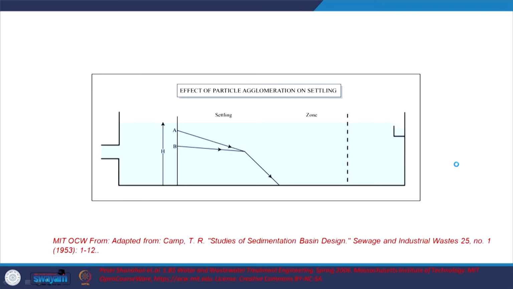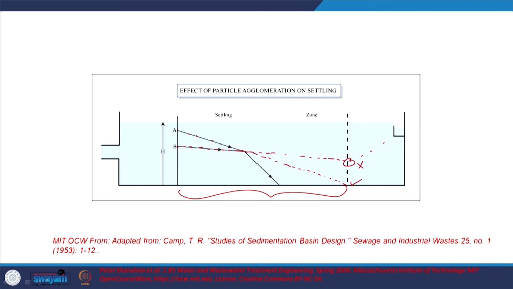So here we see a pretty good picture here. So here we have effect of particle agglomeration. So we have two particles, right? A relatively bigger particle coming out here. So if I look at this bigger particle, it probably would have been removed within this settling zone, right? This is the settling zone, right? This is my settling zone, let's say. And this particle B, which entered at a lower depth, would have gone through or out of my particular settling zone, and it would have been carried out, meaning it would not have been removed.